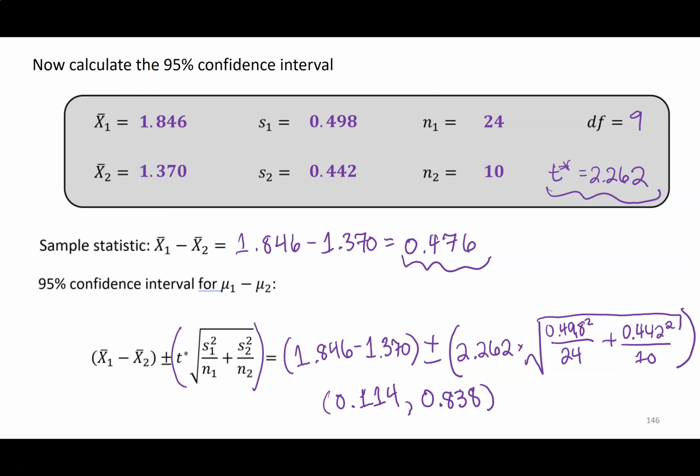It should be exactly in the middle. If you average these two endpoints, you should get that. And not only that, this entire interval is positive, so it's all above 0. It implies that the average extensibility is higher in group 1, the high fabric quality, than in group 2.